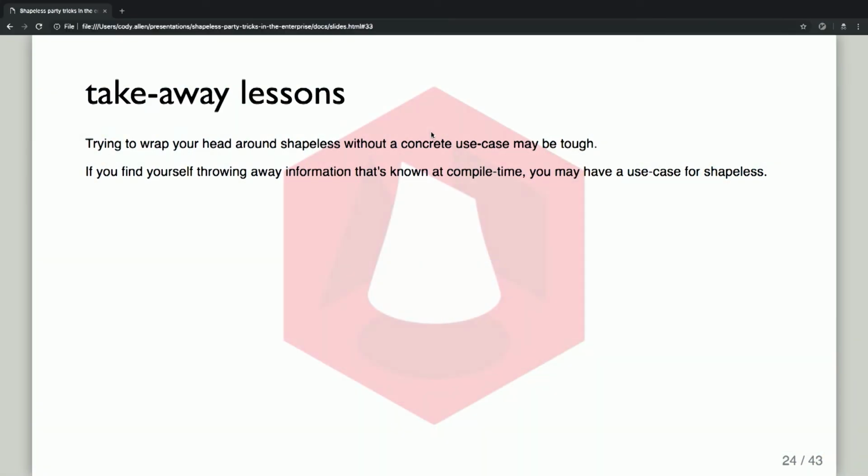If you know something at compile time, and you're telling the compiler, I know this, but it doesn't know that, then that's often a time when you can use Shapeless to get some of that compile time information known by the compiler. There might be these implicits and type parameters that get kind of noisy, but I think the actual implementations are often very little logic, just a lot of typey, instancy boilerplate.